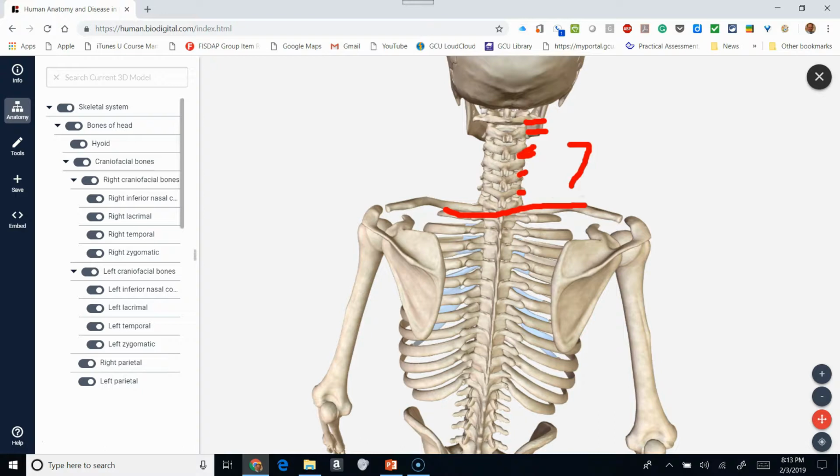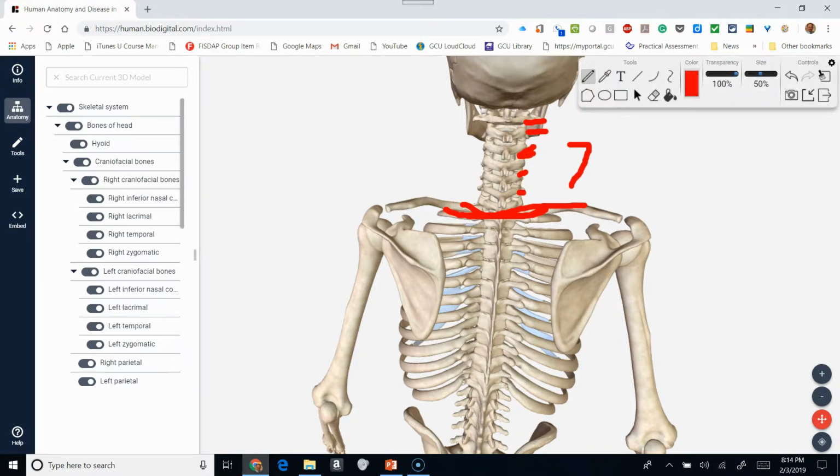So right about where your shoulder blades come across is essentially where that cervical spine is going to end. So let's clear that out. We can remember that there are 7 cervical vertebrae.